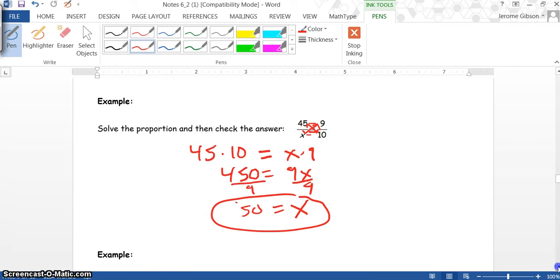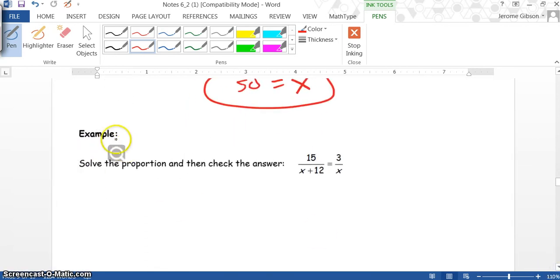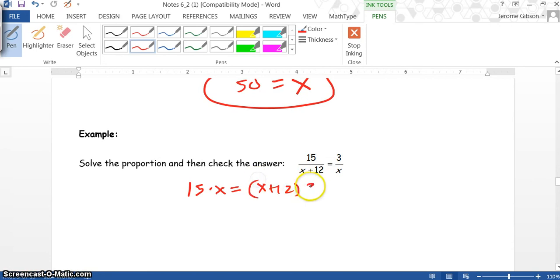Now, we scroll down to our next example. It says solve the proportion and then check the answer. Okay, so we would do our cross multiplication. We would have 15 times x is equal to, now we cross multiply x plus 12, and we will multiply that times 3. So 15 times x is 15x, and we would take 3 and multiply it by everything inside the parentheses. 3 times x is 3x, and 3 times 12 is 36.